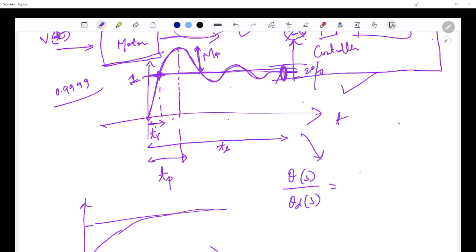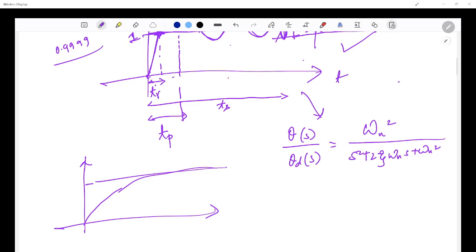The transfer function of the system is basically omega n square upon s square plus 2 zeta omega n s plus omega n square. This omega n is called the natural frequency, and this zeta is the damping ratio. So based on the value of zeta, you can find out what the damping of the system is.